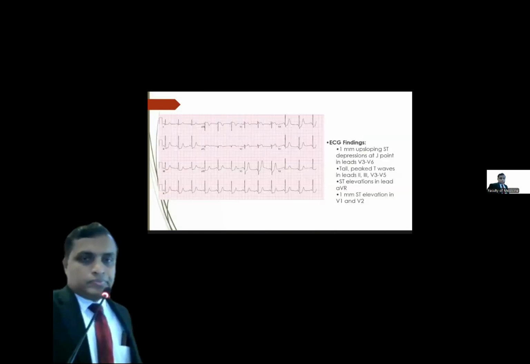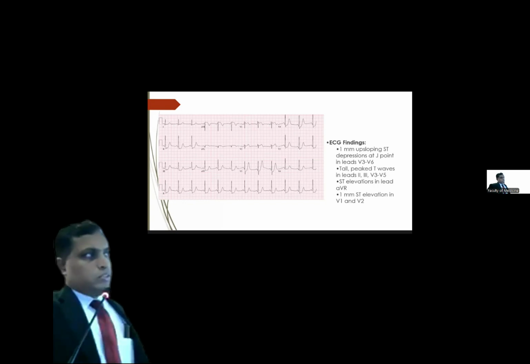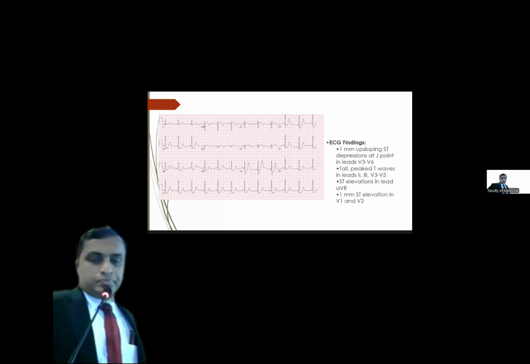On the ECG, in the precordial leads there's only 1 millimeter ST elevation, and there were some upsloping ST depressions with tall T waves. In the precordial leads you should usually have more than 2 millimeter ST elevation. So it's only 1 millimeter.